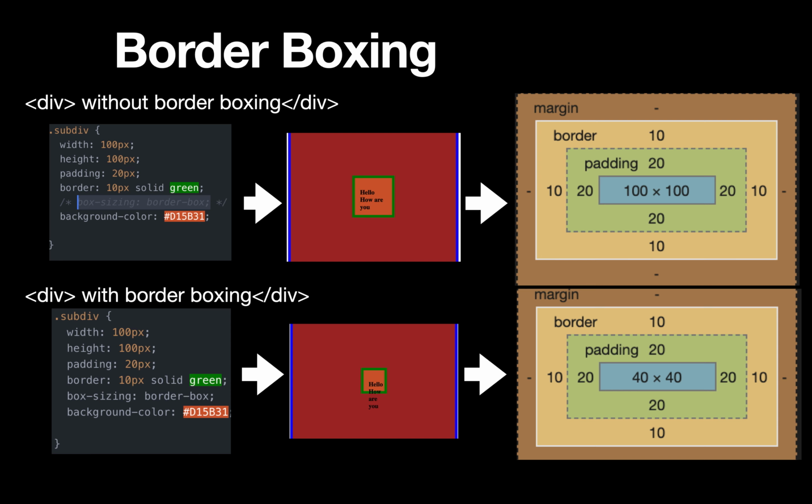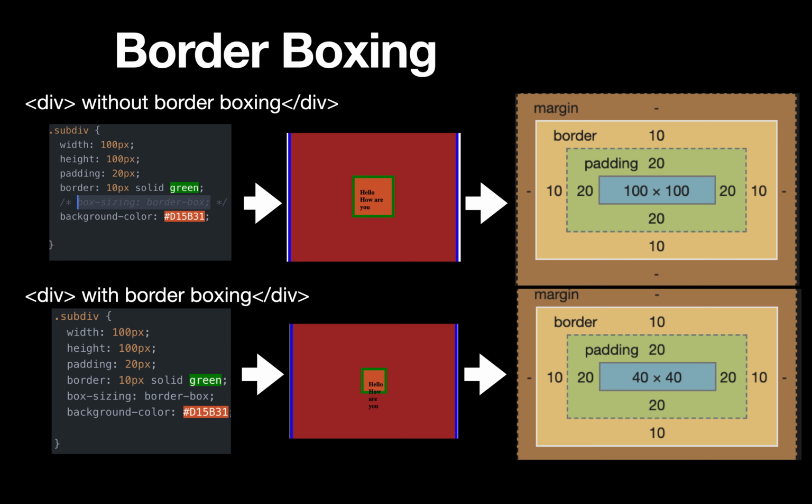Here I have given the dimensions. The width is 100 px, the height is 100 px, the padding is 20. So if you give it without the border-box property, everything gets added up, say 10 plus 20 plus 100 plus 20 plus 10, which is nearly 160. But the actual height which we have given is 100.